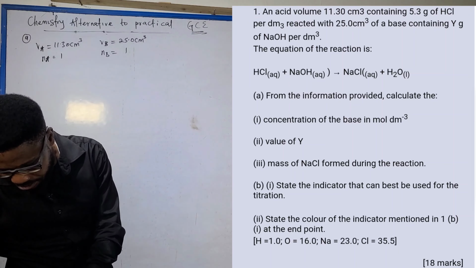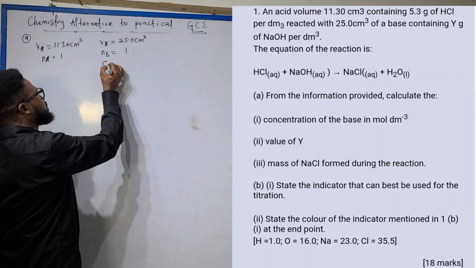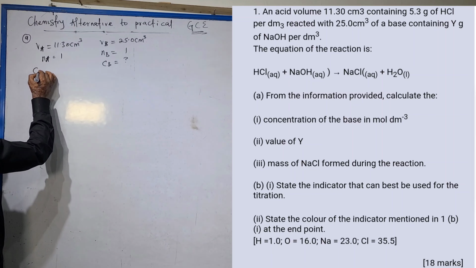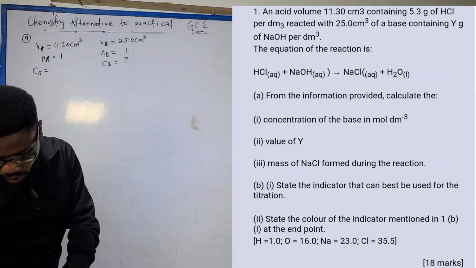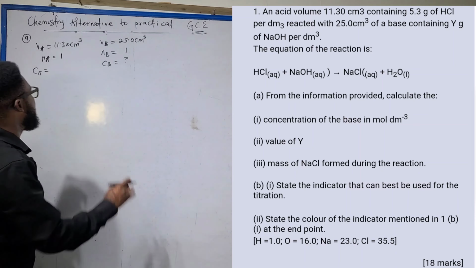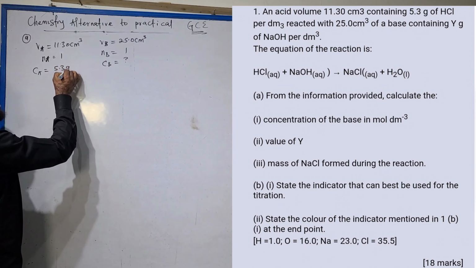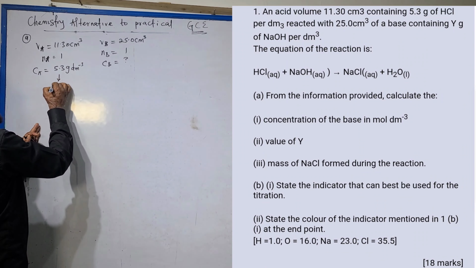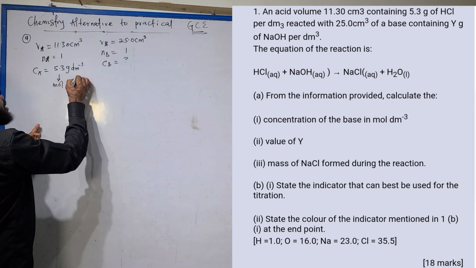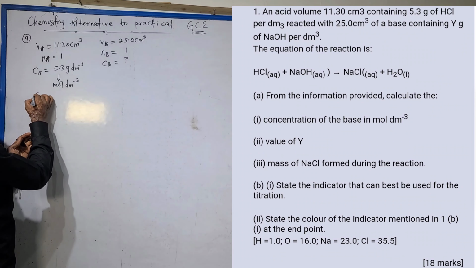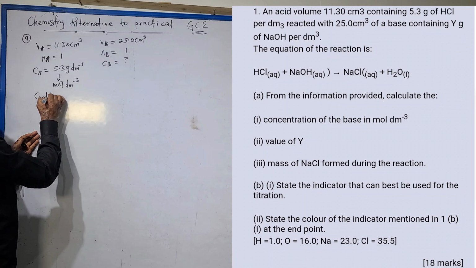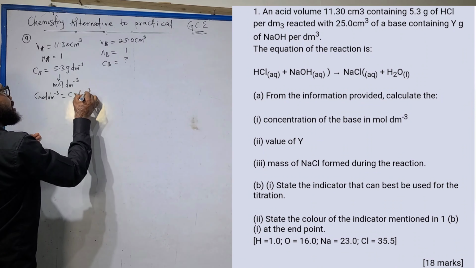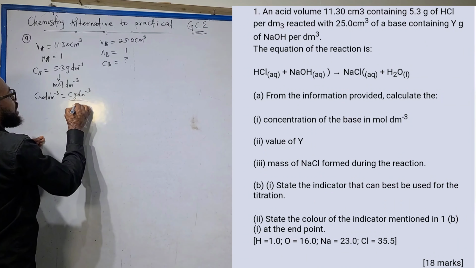We were told to look for the concentration of the base. That becomes my question. For the concentration of my acid, based on what I have, it is 5.3 gram per dm cube. Of course, I want to take this to mole per dm cube. So my concentration in mole per dm cube is the concentration in gram per dm cube divided by the molar mass.